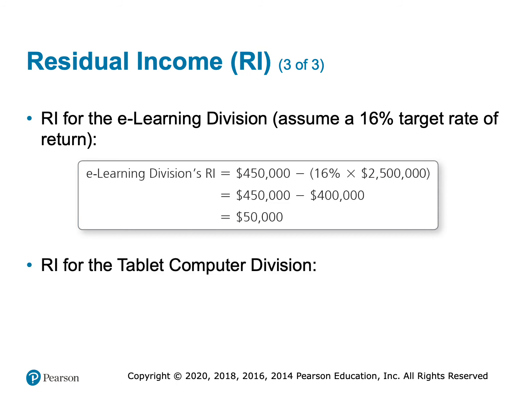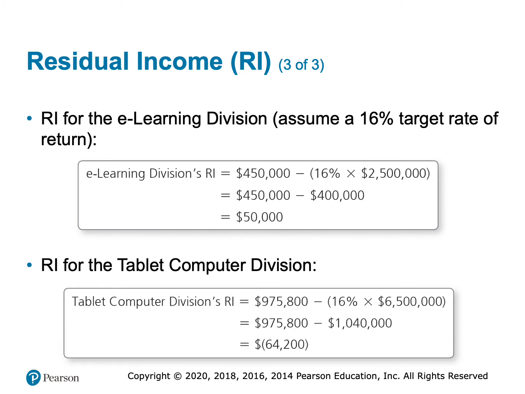Now, what if we use that same target rate of return? You don't have to use the same target rate of return. It would be very common to say, all right, I expect the rate of return for the tablet computer division to be different, but just for the sake of argument, let's use the same target rate of return and calculate the residual income for the tablet computer division. So notice that based on their large number of assets, we would expect them to generate $1,040,000 in profit, and they're only generating just under $1 million.